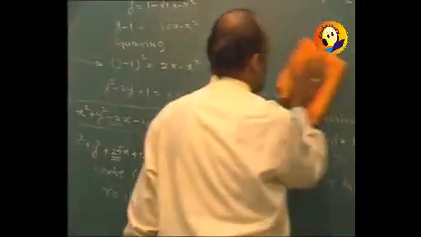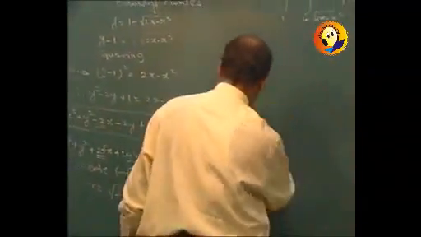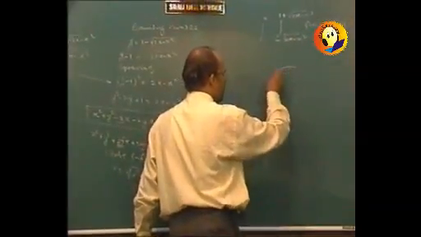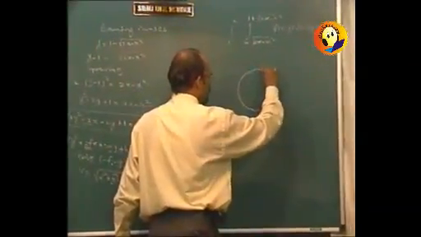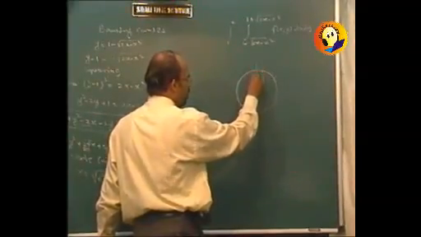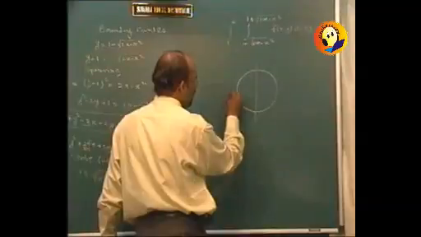So the figure can now be drawn as a circle which is going to touch both the axes. A circle whose center is 1, 1.